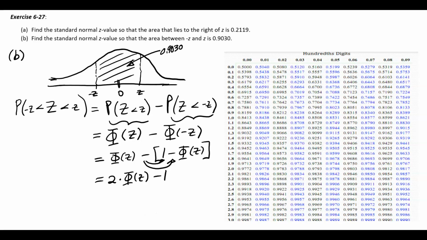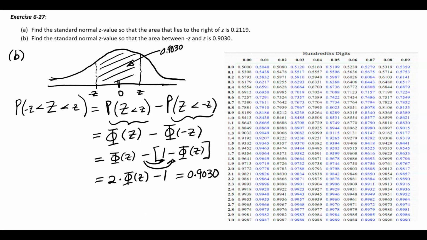Now that we know that this represents the area under the curve, we still have to figure out what that z is. So I know that this value here has to equal 0.9030.